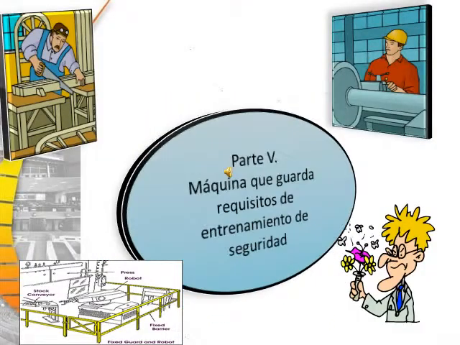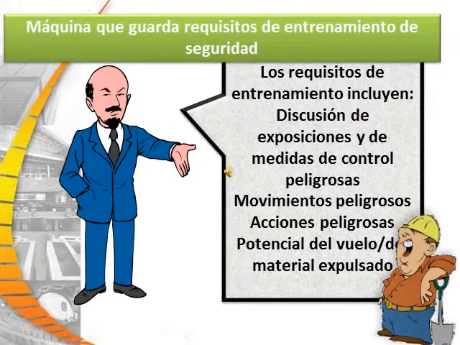Part 5, Machine Guarding Safety Training Requirements. Safety training requirements will include a discussion of hazardous exposures and the control measures, hazardous motions, hazardous actions, and the potential for flying and ejected material.